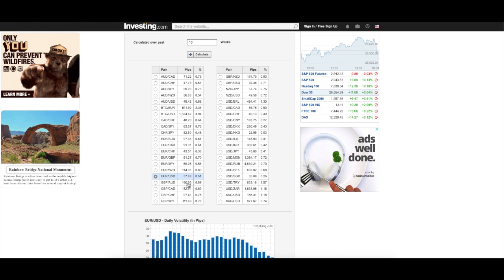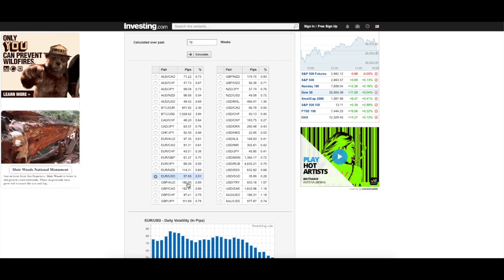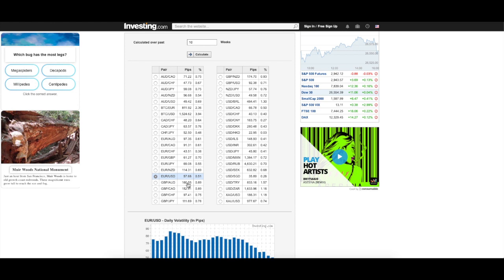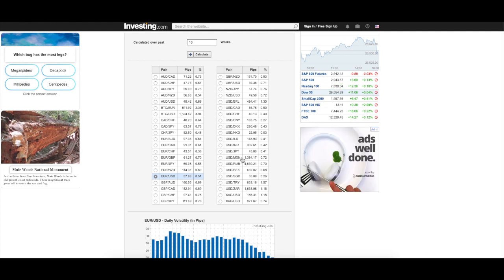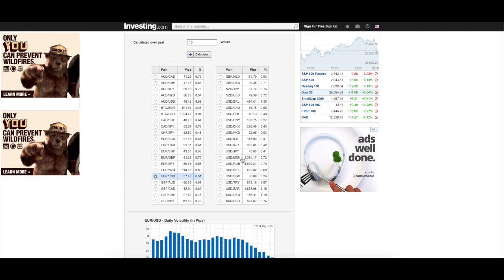So as you can see, this is why when you have those reversals, they don't move a lot. Most of them are in the 40s when it comes to pips per day, or the average daily range of that specific pair.